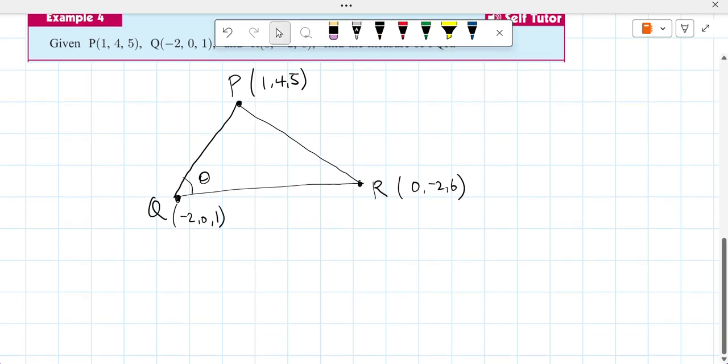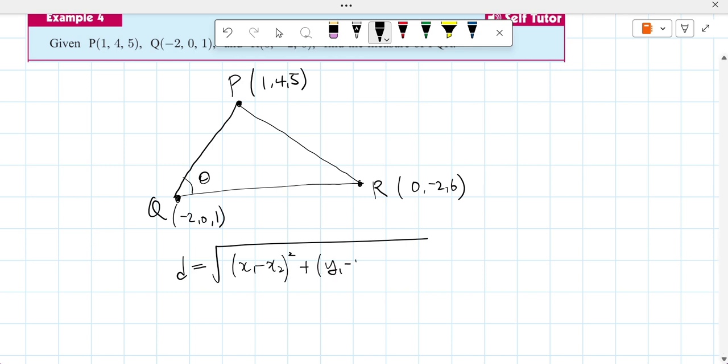The formula that we know of from the formula booklet is D is equal to the square root of x1 minus x2 squared plus y1 minus y2 squared plus z1 minus z2 squared. Once again, you know this formula from the formula booklet, so you don't need to memorize. But I do suggest that you copy it down on your notebook before you get started. So we just need to do this one by one. First thing, I'm going to find the distance between the point P and Q.